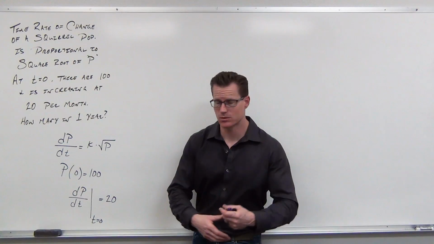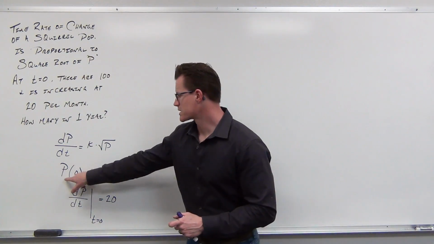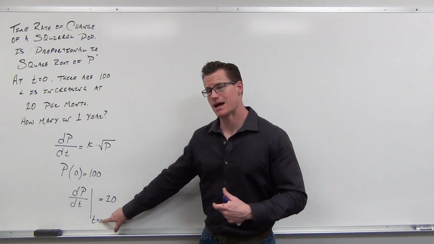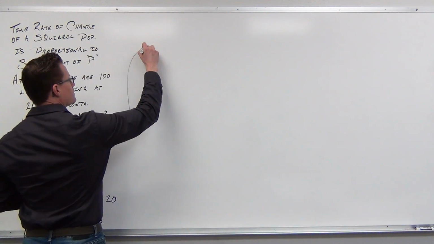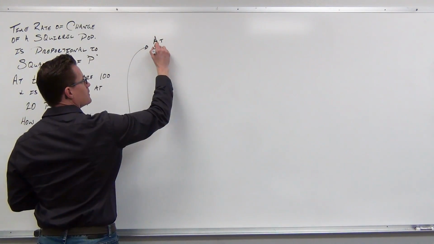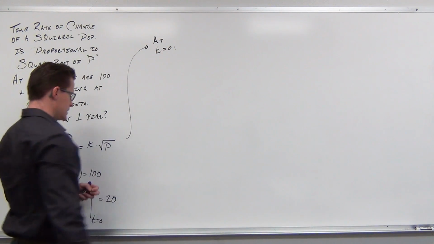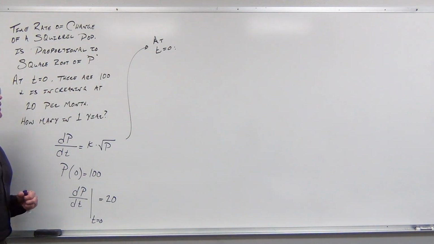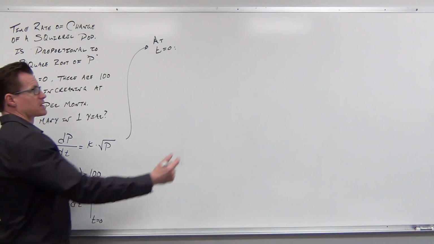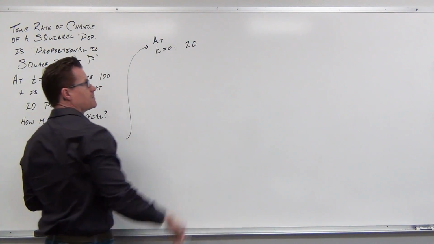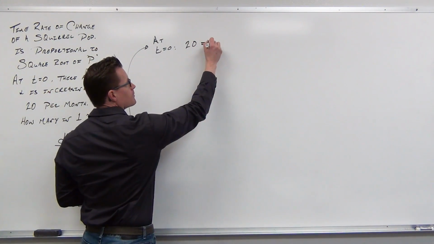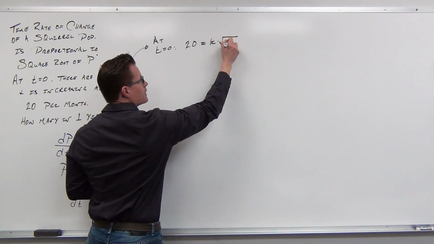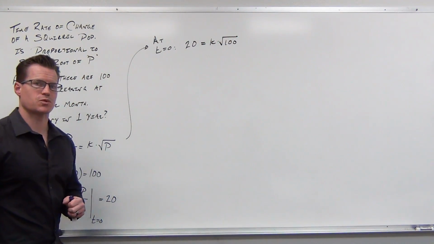So at time equals 0, notice how this and this match up. They're both at time equals 0. We can say that at t equals 0, our population with respect to time is changing at a rate of 20 squirrels per month, and there are 100 squirrels present.